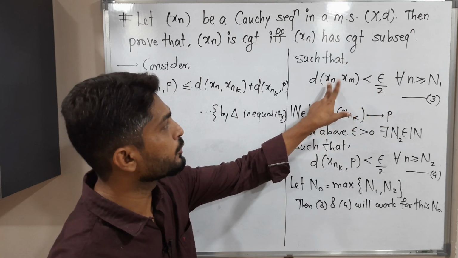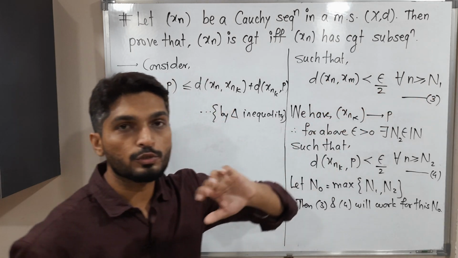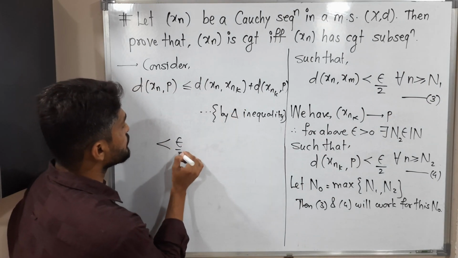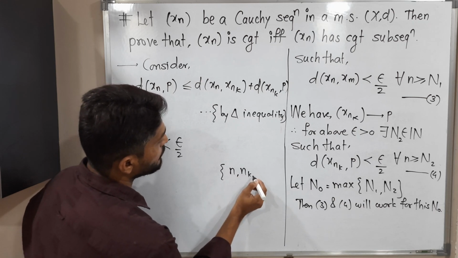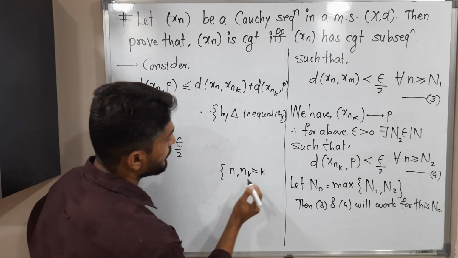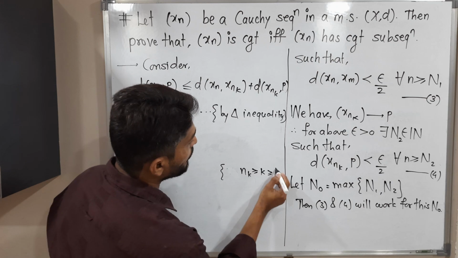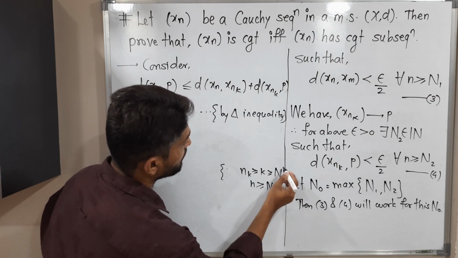If you have any 2 points, the distance is less than epsilon by 2, just this condition should be satisfied. So here also we can write this is less than epsilon by 2, but that condition, that n and nk. So obviously nk is greater than or equal to k. Ready? Greater than or equal to k, and I am assuming both of them are greater than or equal to n naught. Here n is also greater than or equal to n naught.